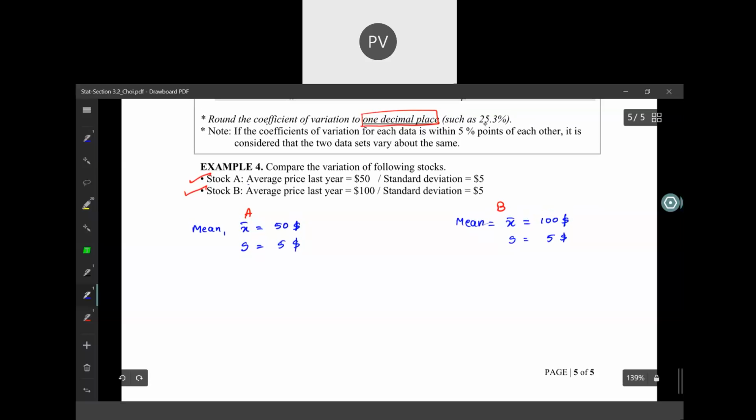How do you compute the CV? CV is equal to S divided by X bar.